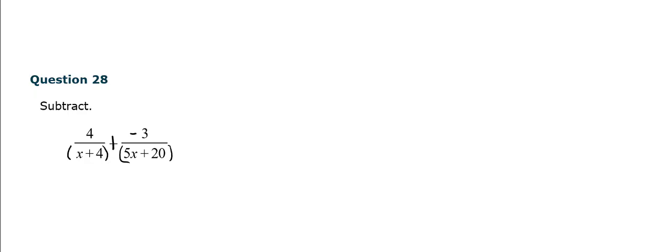So now we're going to be adding negative 3 over 5x plus 20. So keep in mind again, let's look at the factors. The first denominator is x plus 4. The second denominator is 5x plus 20, but we can factor out a 5. And so that gives us 5 times x plus 4.